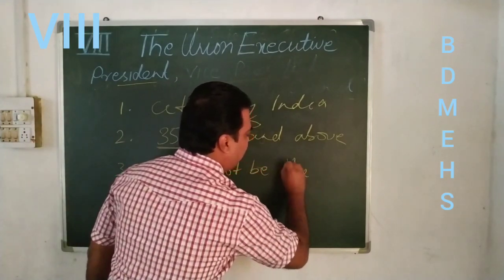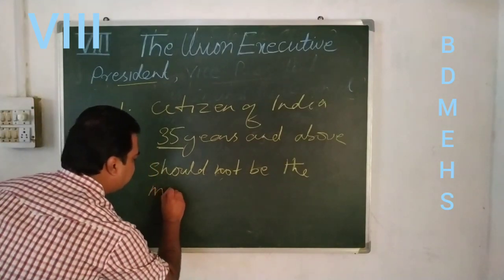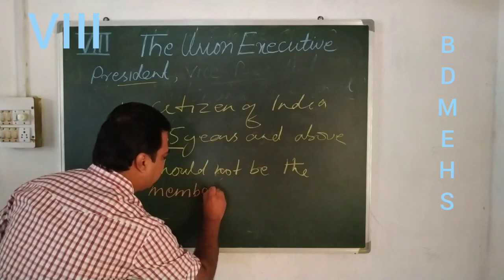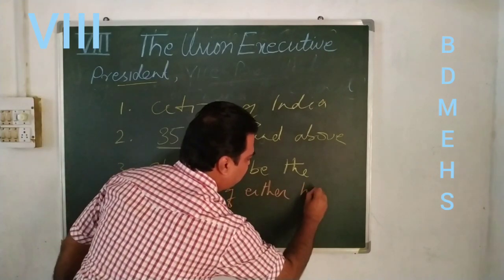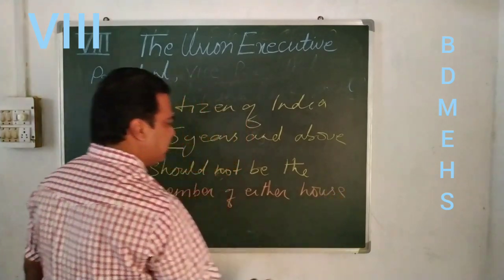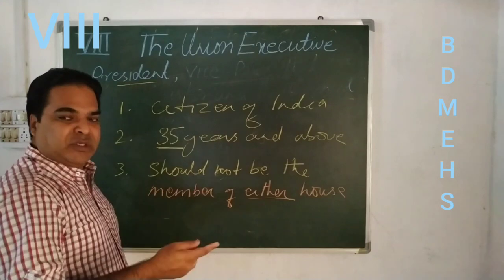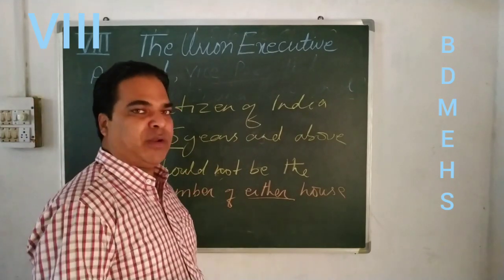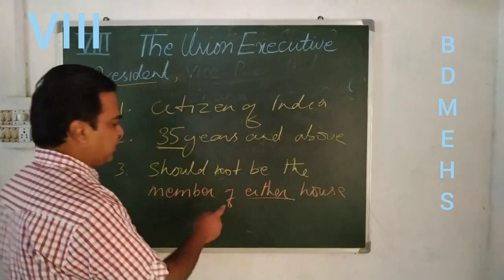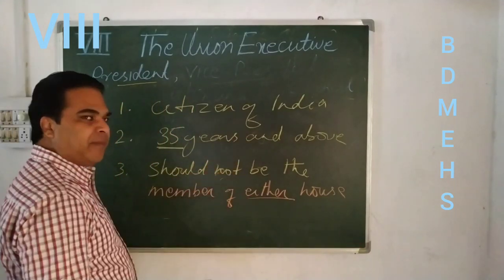What is the meaning of either house? The person who wants to become the President should not be a member of Lok Sabha or the Rajya Sabha. That is why it is called member of either house. The person should be a citizen of India.